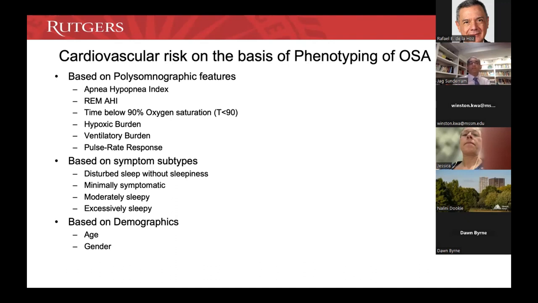And obviously, we've seen that age and gender matter, and that the risk changes depending on age and gender. So I'm going to discuss the available data on cardiovascular risk based on these phenotypic features, and discuss the effect of CPAP as well.